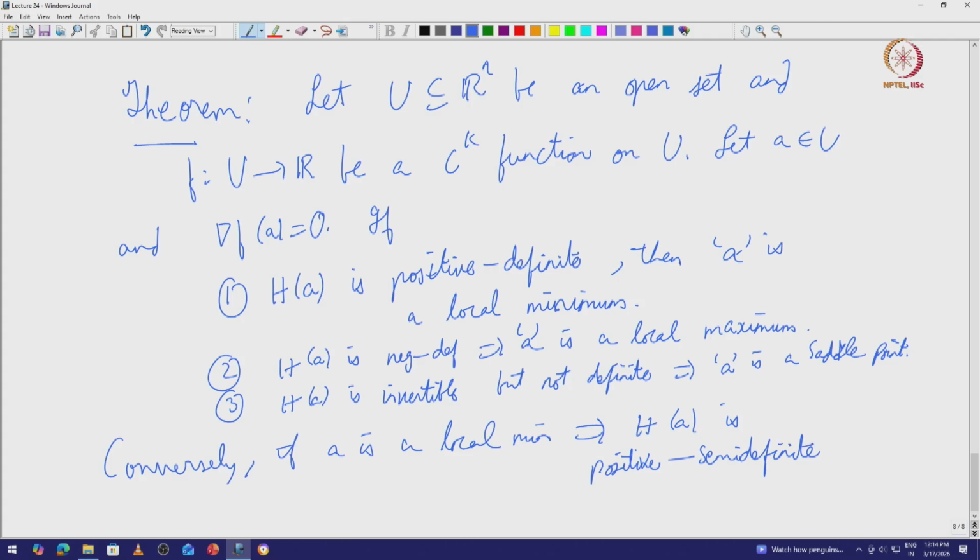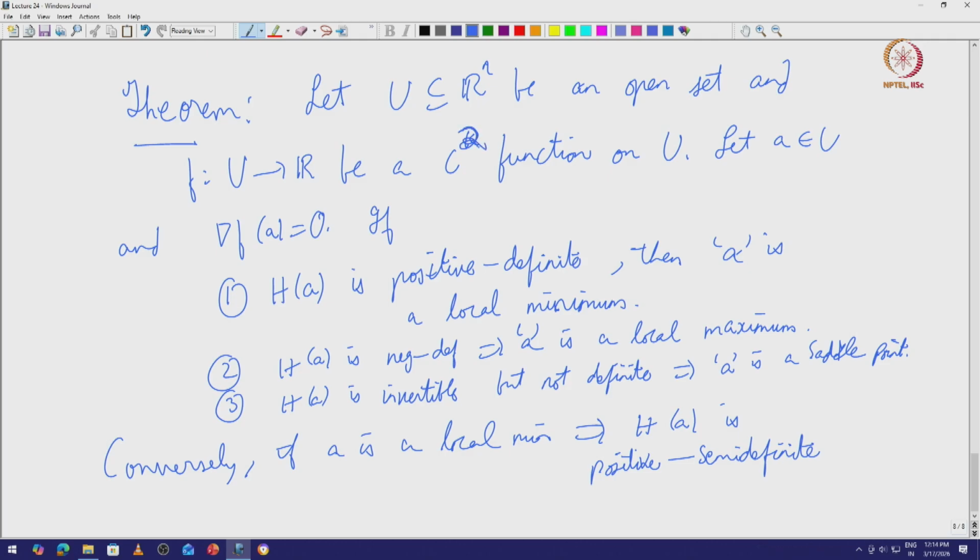Okay. So this is the statement of Taylor's theorem. Notice we have a third possibility that we did not have in one variable calculus, right? If the first derivative is 0, and if f is C2, which is good enough for us, though might as well assume it's C^k in general, but for us actually C2 is good enough.